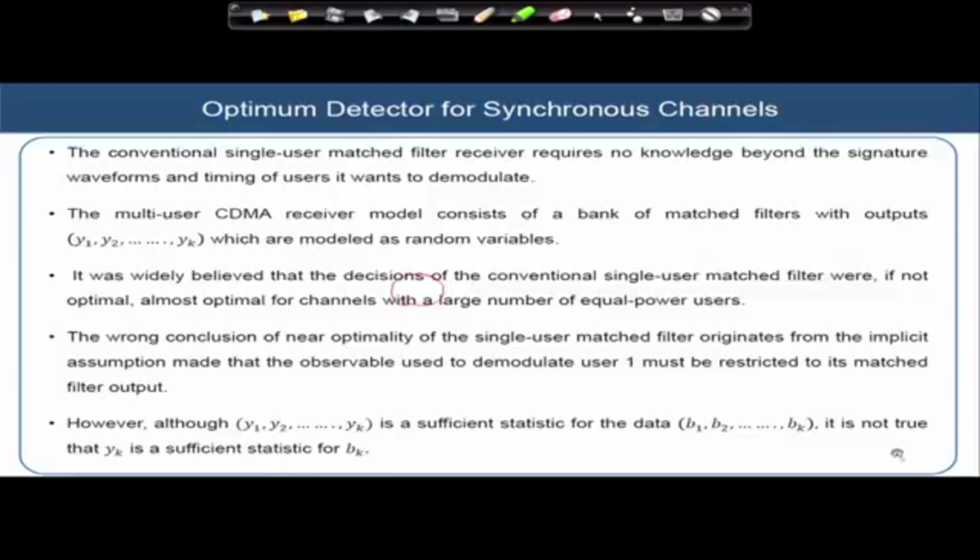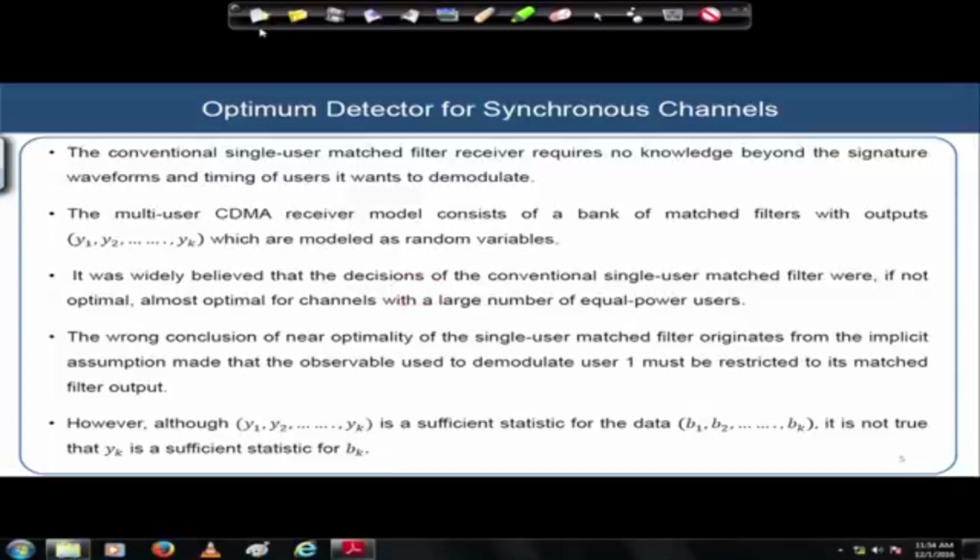Now, the question is: does the conventional single user matched filter receiver architecture require any knowledge of the other users present in the network? The answer is no, because in the single user matched filter case, he only needs to know his own signature waveform, and he also needs to know the timing of that user.